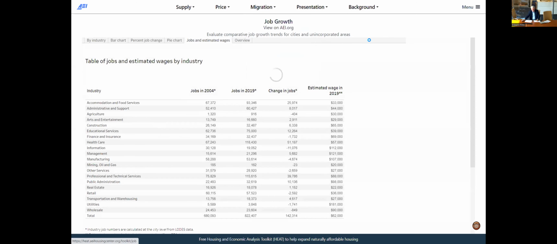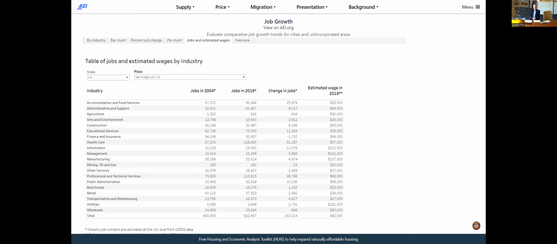Let's see. Is there data that reflects the gig economy as part of industry? I think the way the data are reported is information, professional technical services and information services. That's how the federal government's job tracking categories track it.